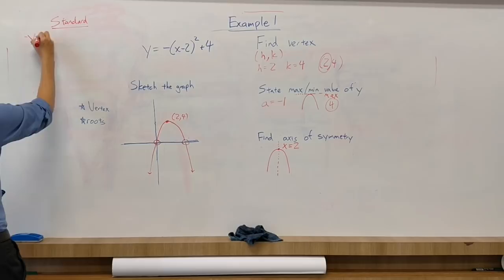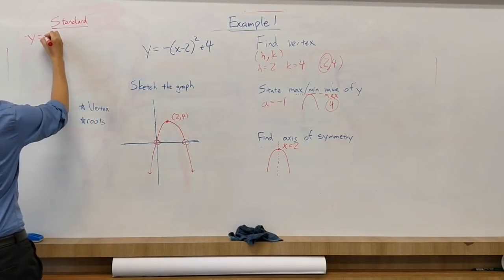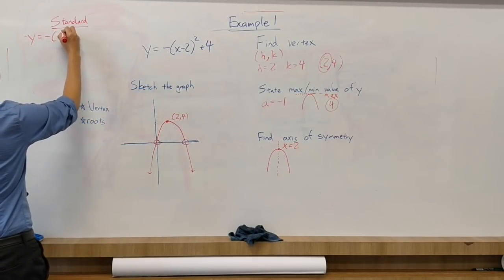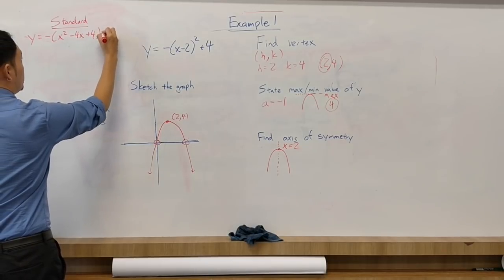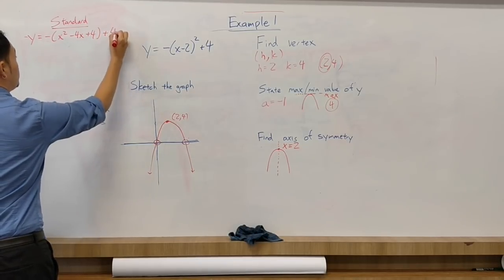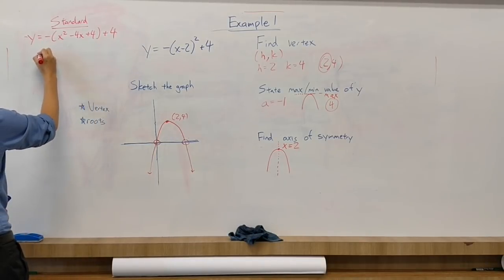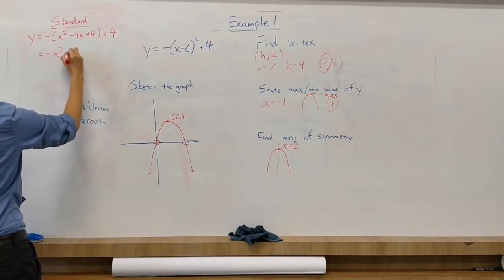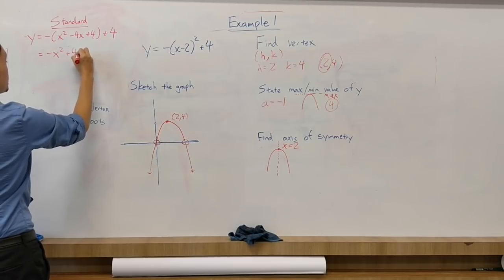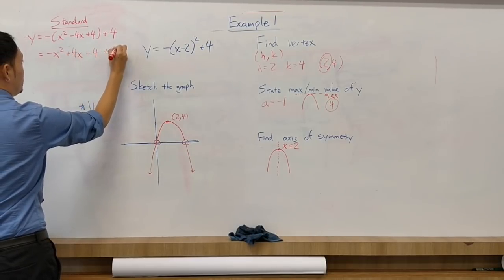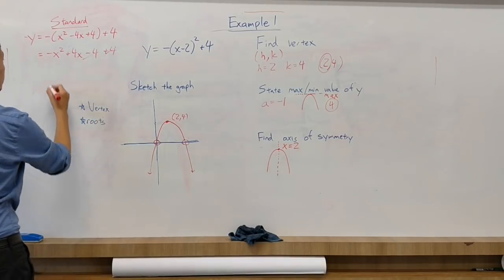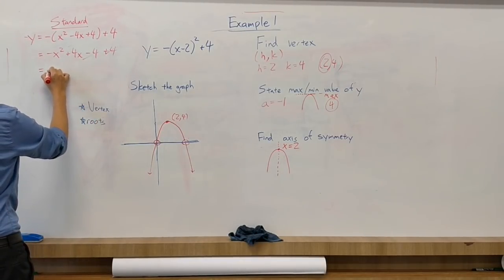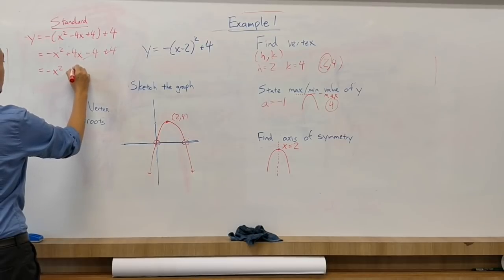We would have y equals, multiplying this out, FOILing it out, negative (x squared minus 4x plus 4) plus 4. Let's distribute out this negative. Negative x squared plus 4x minus 4 plus 4. These two guys cancel out. We end up with negative x squared plus 4x.